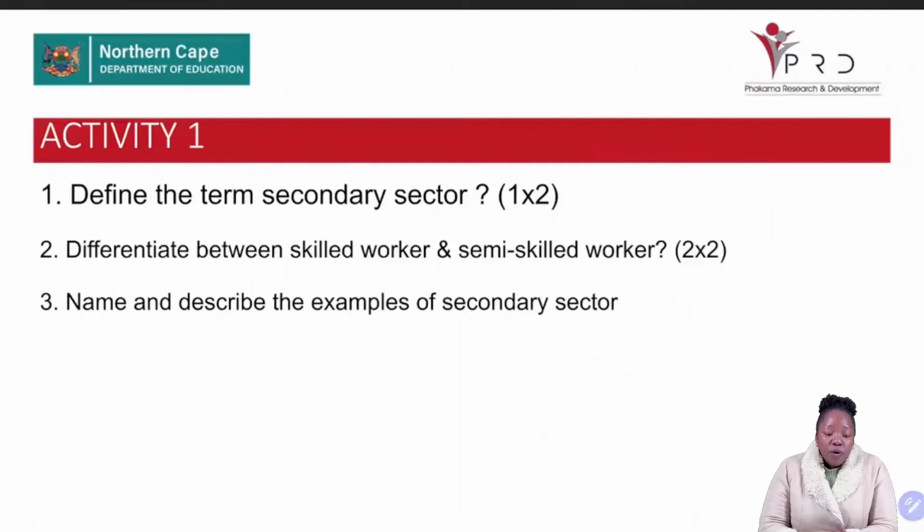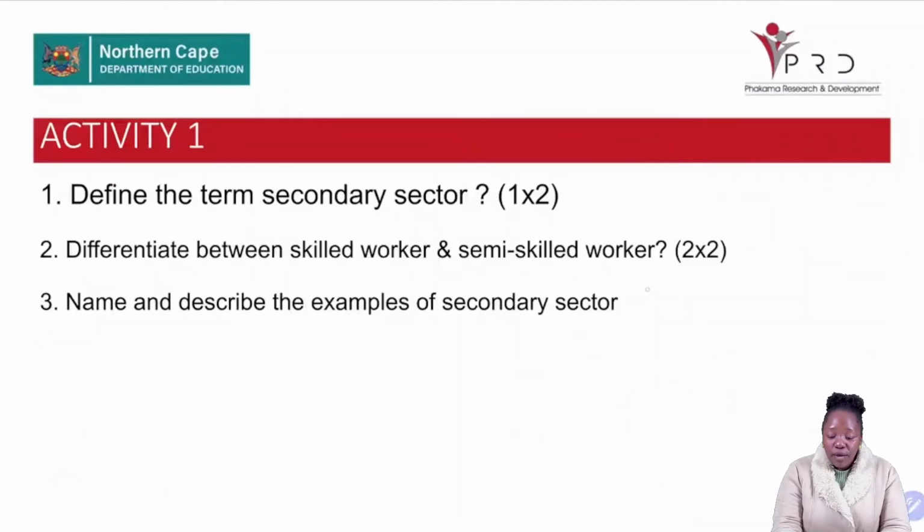Then we will have our first activity. In our first activity, you need to define the term secondary sector. And then after, you need to differentiate between a skilled worker and a semi-skilled worker for 2 marks. And then after, you need to name and describe the examples of the secondary sector.